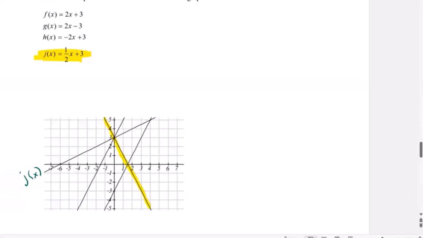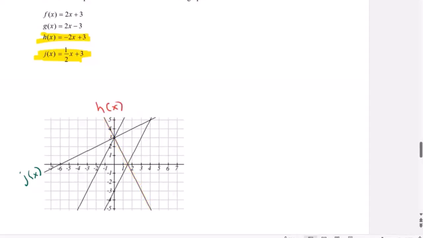So it's the only line that has a negative slope. My y-intercept is 3. So h of x is the only one with a negative slope, and there's my y-intercept of 3. So let's call this h of x.